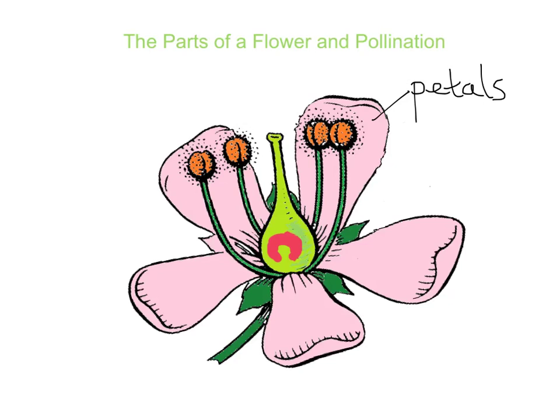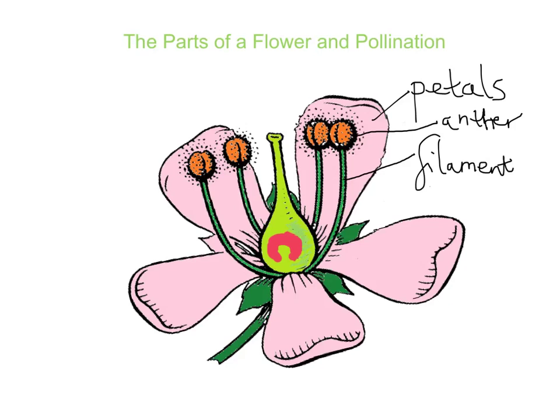Let's talk about this structure here in green. Now this is what we know as the filament. And you can see at the top of the filament, there's these kind of like orange ball-like structures, the way I've drawn them here. Now they are called anthers.